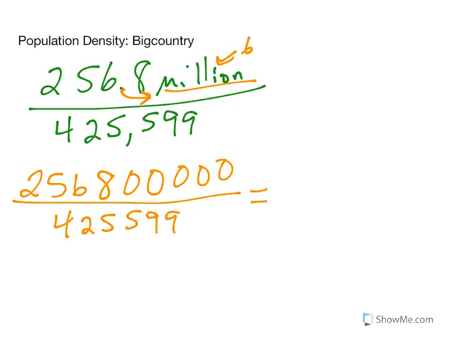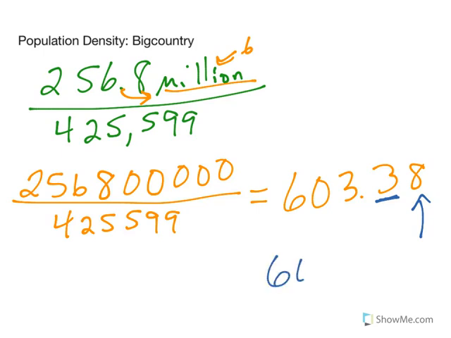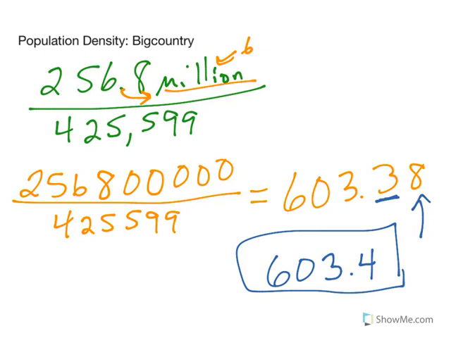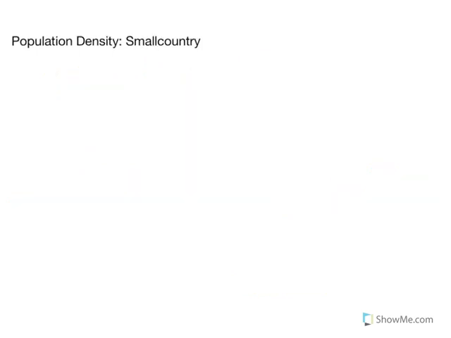When I divide that, I get 603.38. Again, tenths. The 8 tells me to round up, and I have 603.4. So in Big Country, in a square mile, I have over 600 people. It's more than double Countrystan's population density.